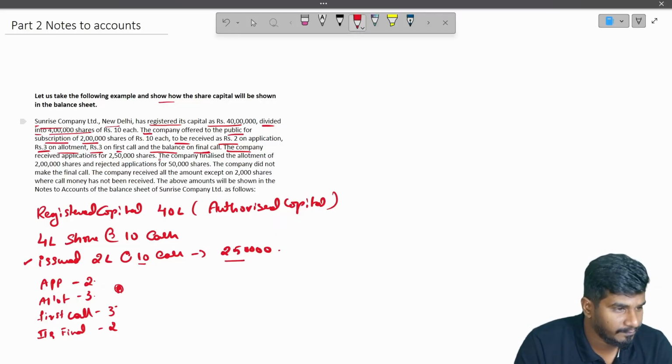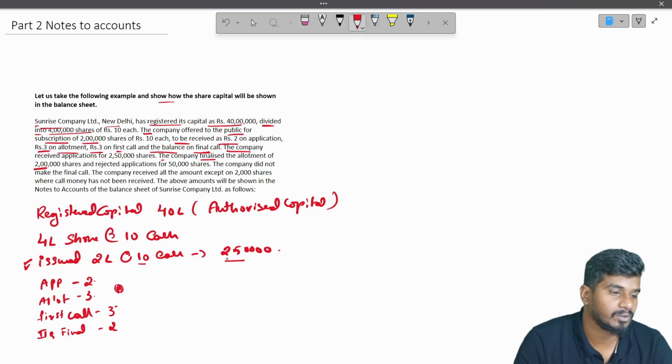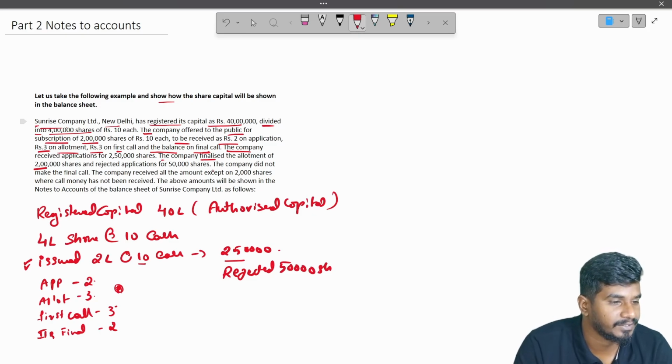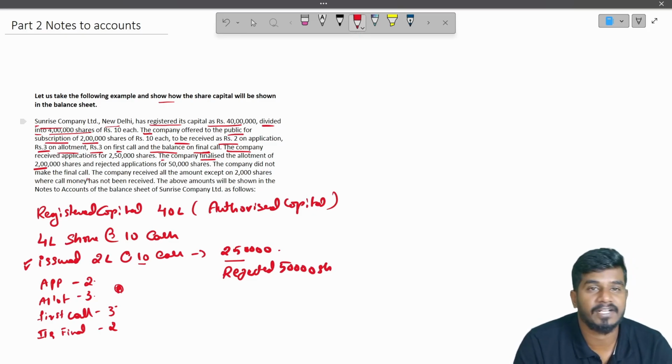So after that, the company finalized the allotment of 2 lakh shares, whatever they have issued, and rejected 50,000 shares. So they received 2,50,000 applications and they rejected 50,000 share applications.